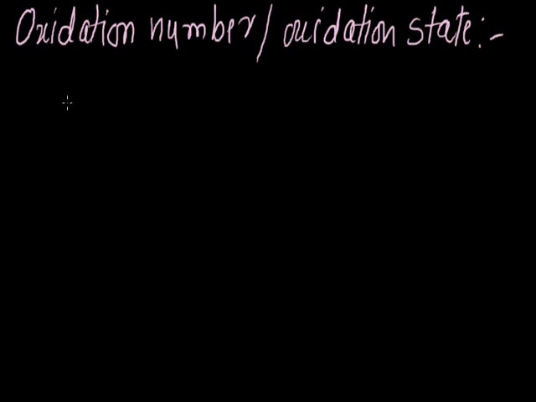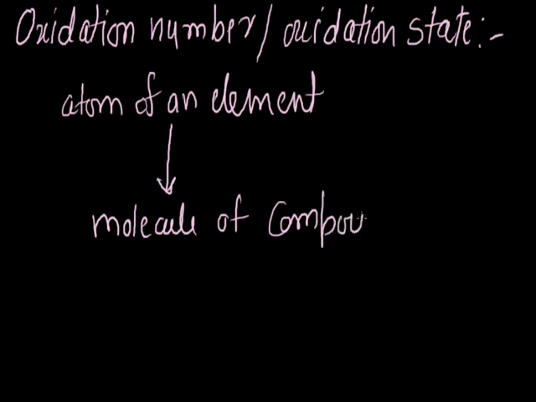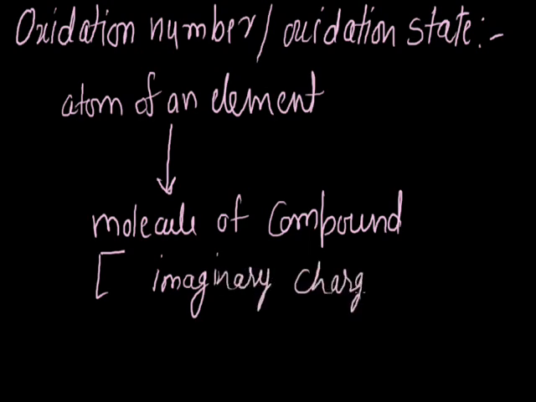It means when an atom of an element goes into a molecule of a compound, then the atom attains an apparent or imaginary charge in the molecule. Imaginary charge on an atom which is present in a molecule of a compound.